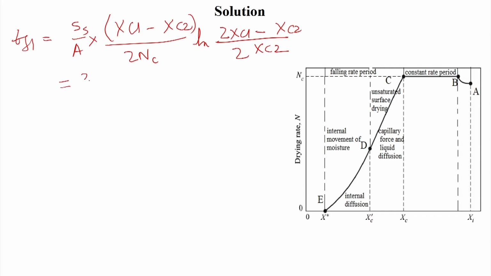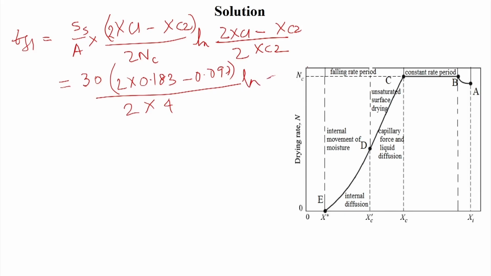So, Ss by A is equal to 30, then 2 into XC1, 2 into 0.183 minus XC2, 0.097, divided by 2 into Nc is equal to 4, into ln of 2 into 0.183 minus 0.097, divided by 2 into 0.097.